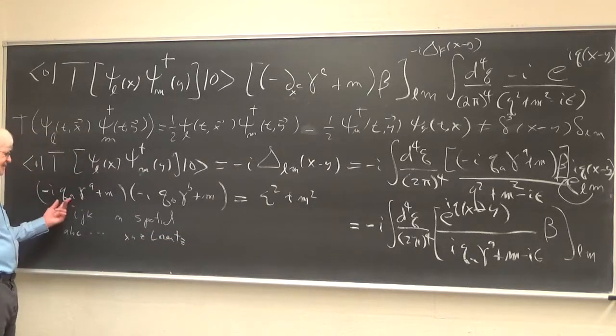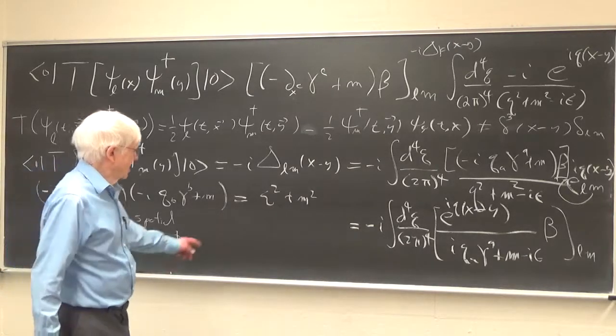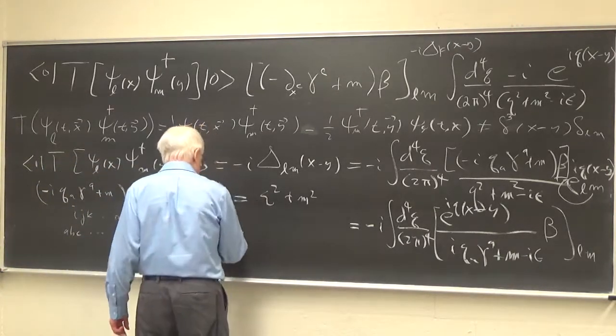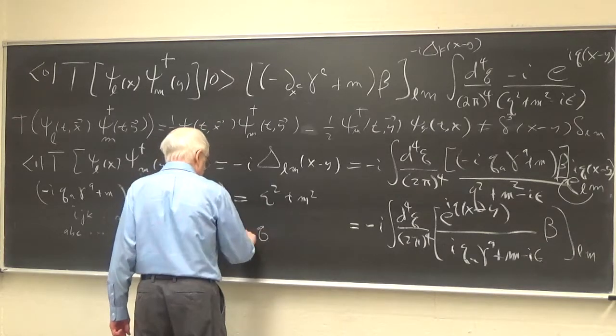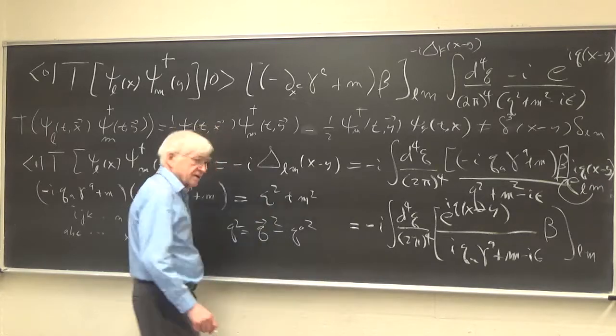But in fact, this is just going from 1 to 4. These are the indices. So whenever you write q squared here, this is actually the 4-vector q squared. Yes, q squared is q 3-vector squared minus q0 squared.